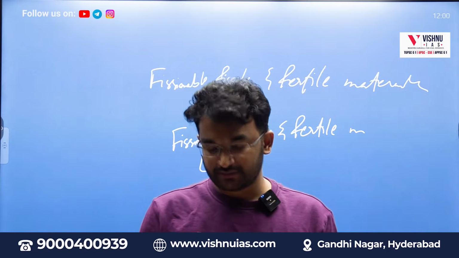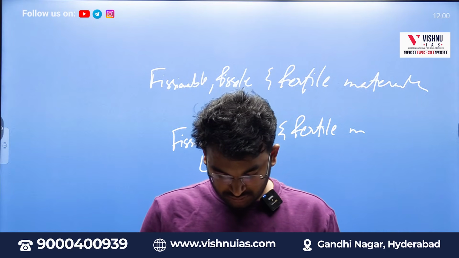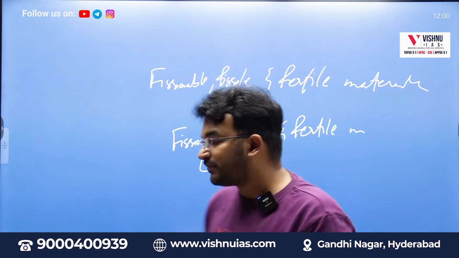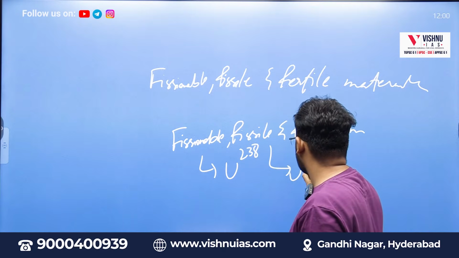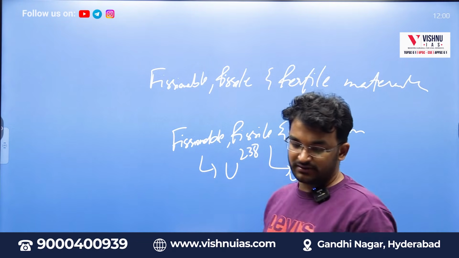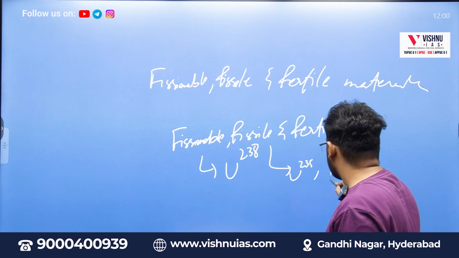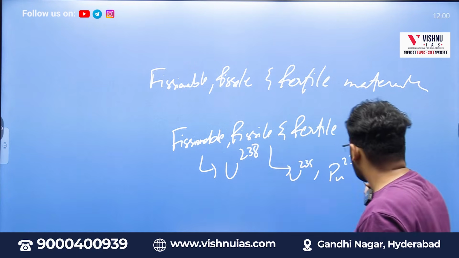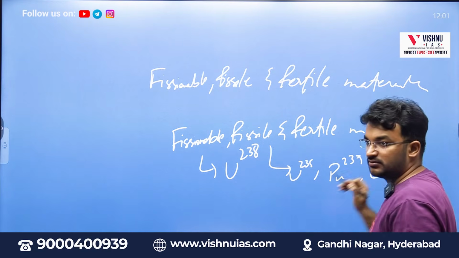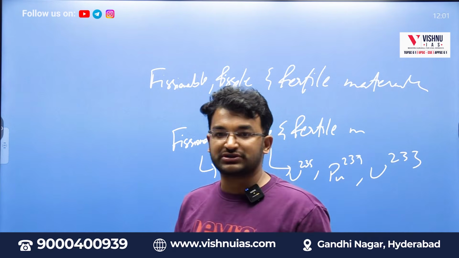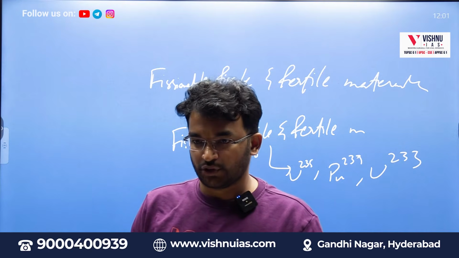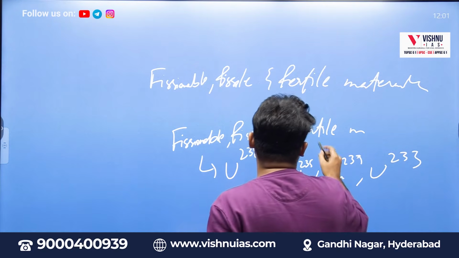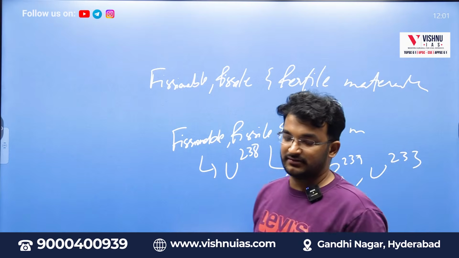Right, example, uranium 235, plutonium 239, comma uranium 233. Okay? Right. Next, fertile.